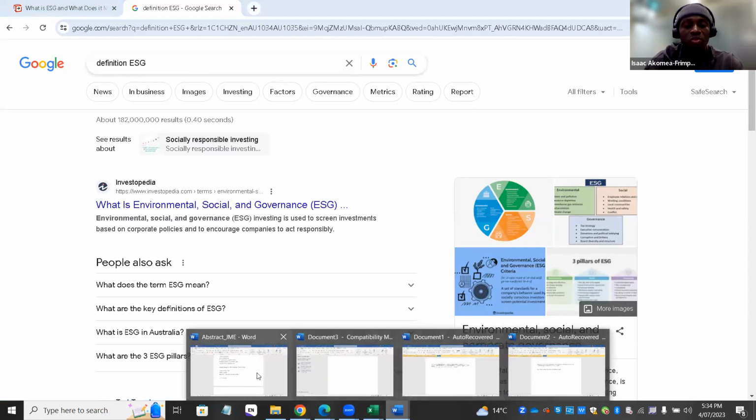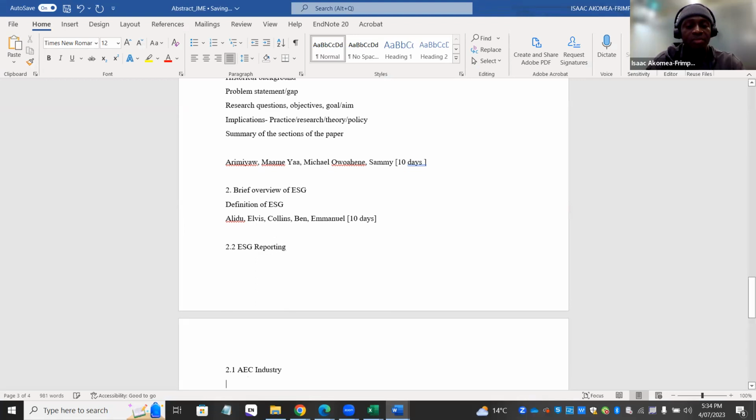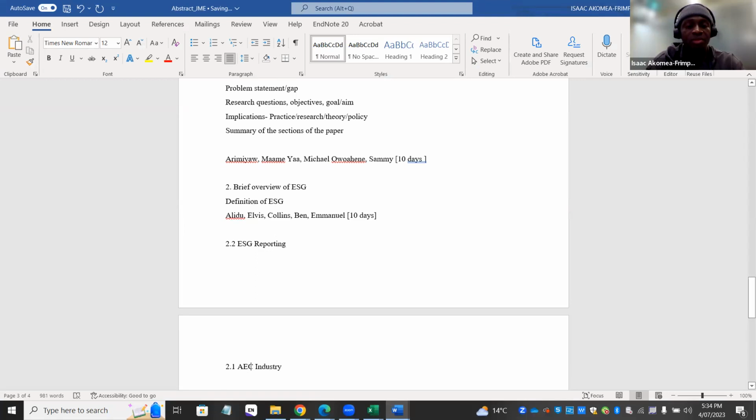One, there is ESG, and then also ESG reporting. They are not the same. So this will be 2.3, this will be 2.1.